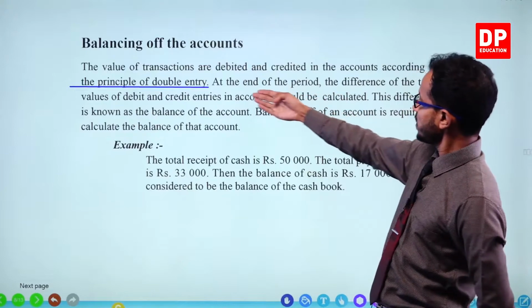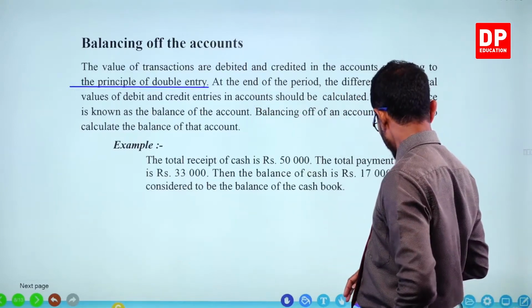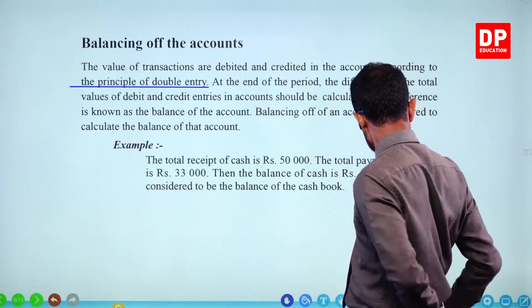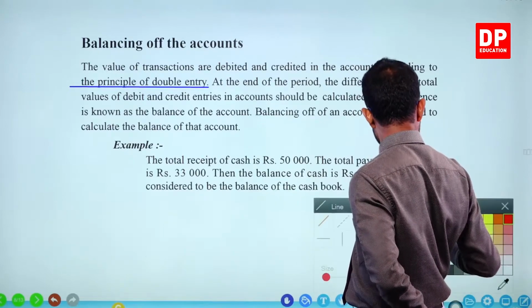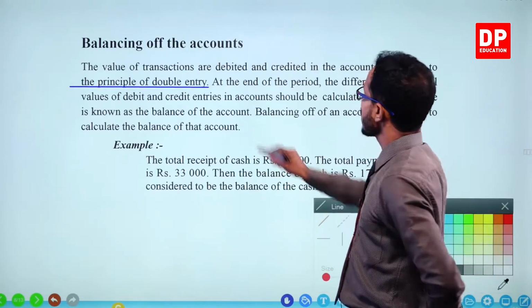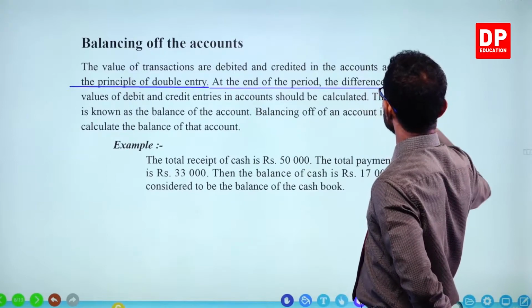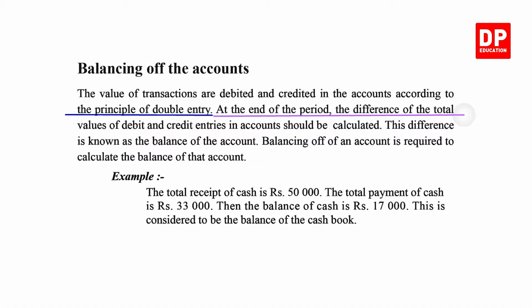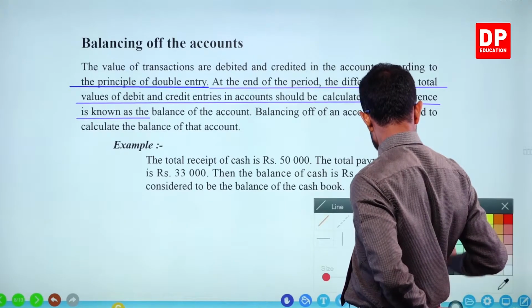At the end of the period, let me highlight it for you. Let me underline it for you. At the end of a period, the difference of the total value of debit and credit in the accounts should be calculated. This difference is known as the balance.